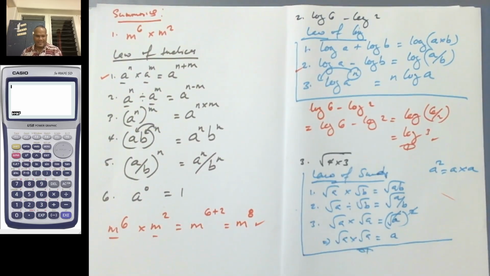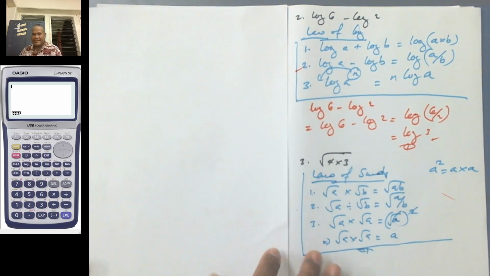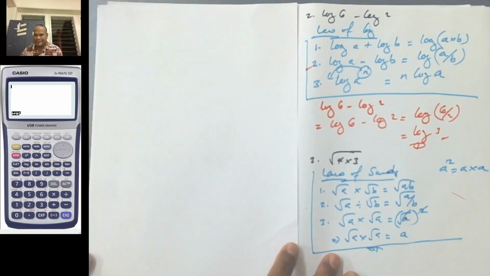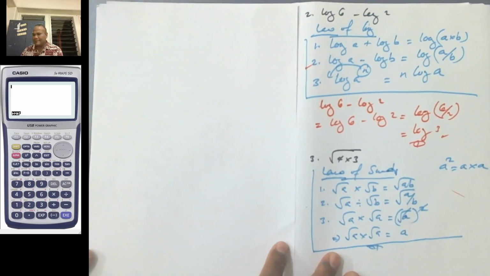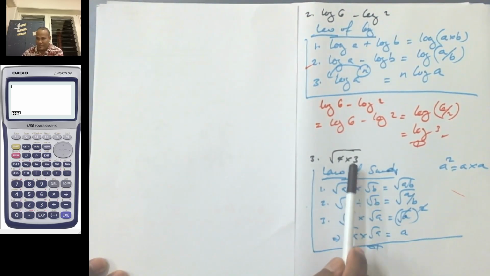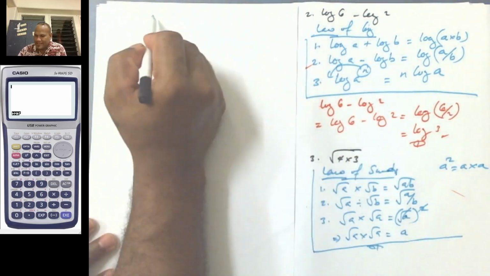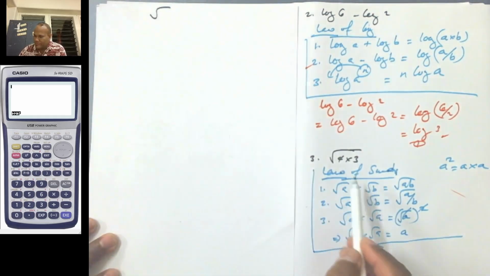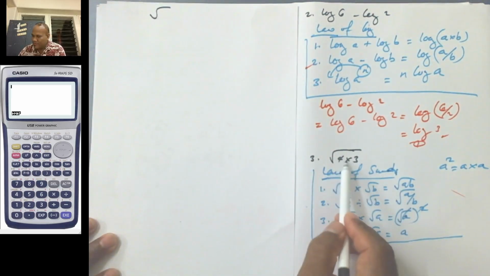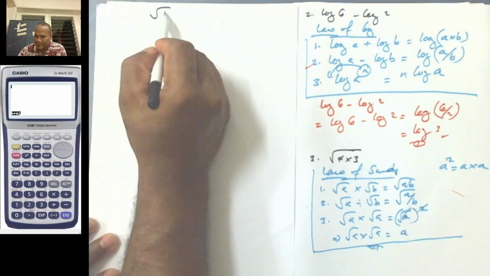But in most cases, let's get another paper. In most cases they give you this kind of question, but we have to look at a number that is square. For this case, it's square root of 12, because 4 times 3 is 12.